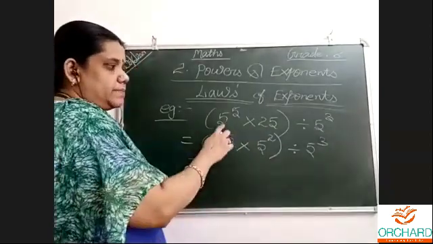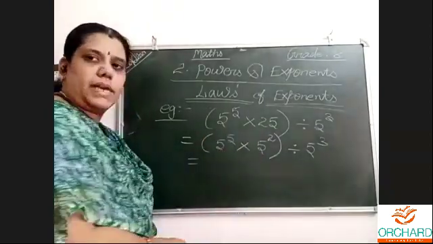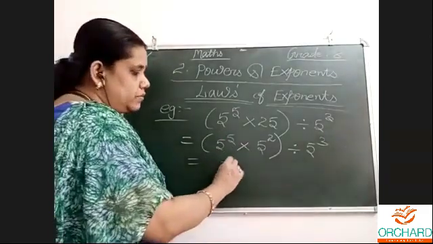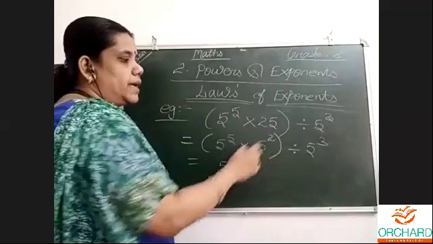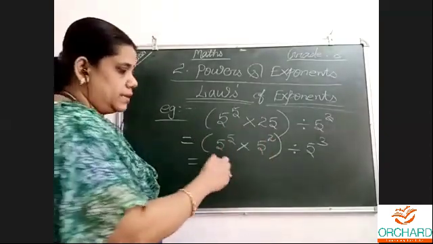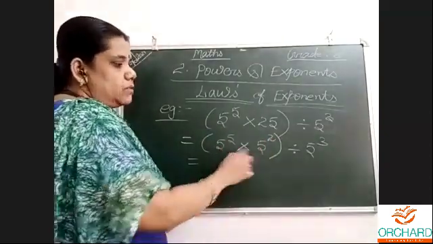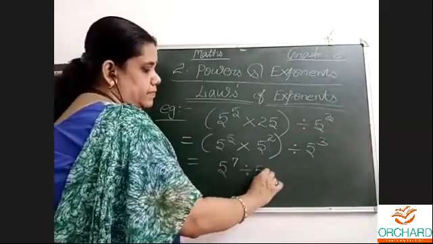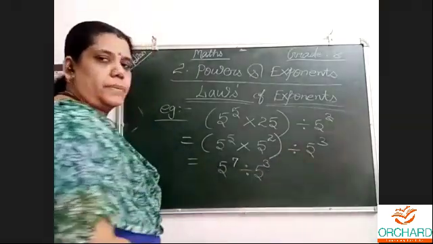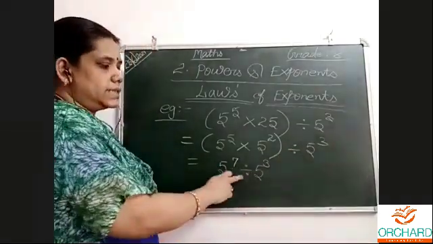Don't worry about that. So 5 and 5, the bases are the same. Now multiplication symbol, adding the powers. 5 plus 2, 7. 5 power 7. Now this both I did and I copied. This number I will copy, 5 power 3. Now again the division law.